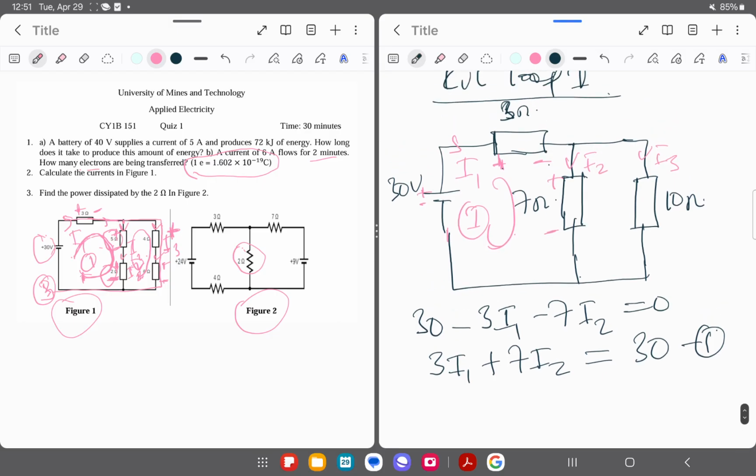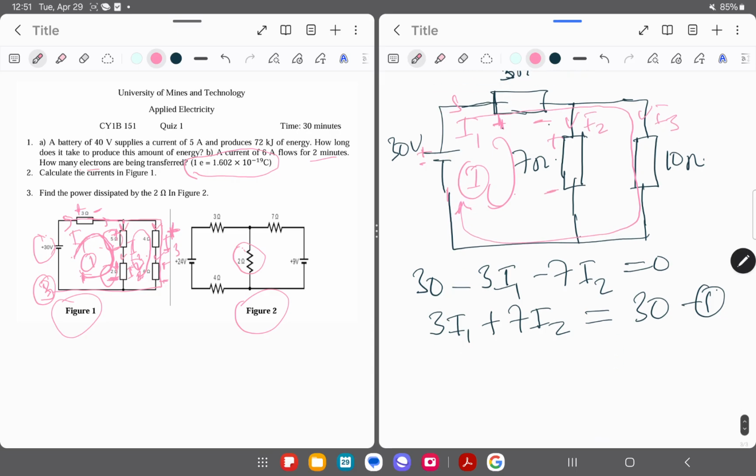To get the second equation, like I said, I'll be using the third loop, which is this one. Imagine we are moving clockwise. This time we are moving this way, the whole way like this.